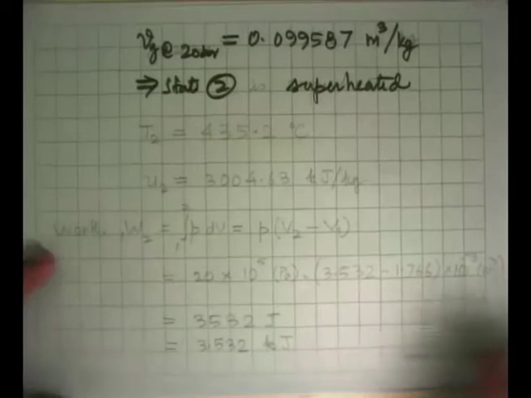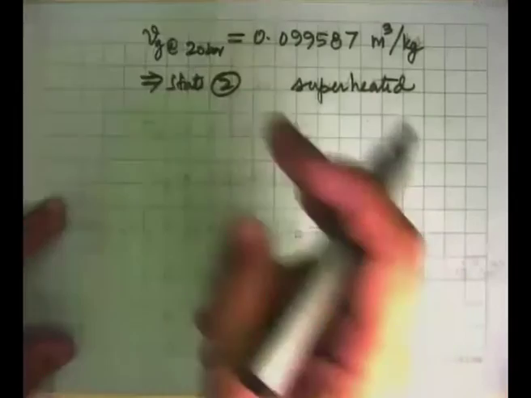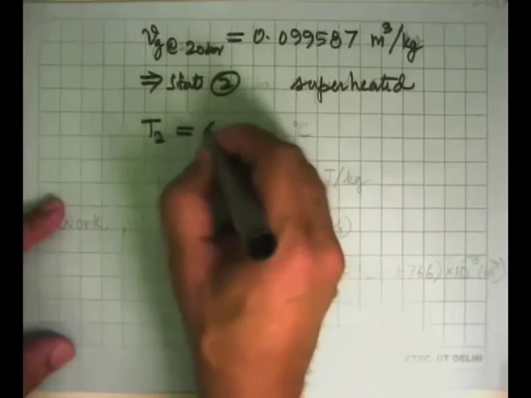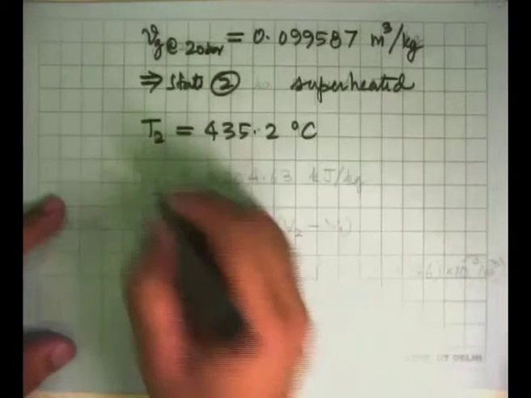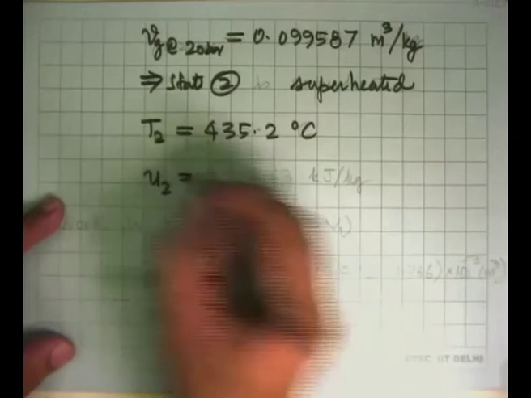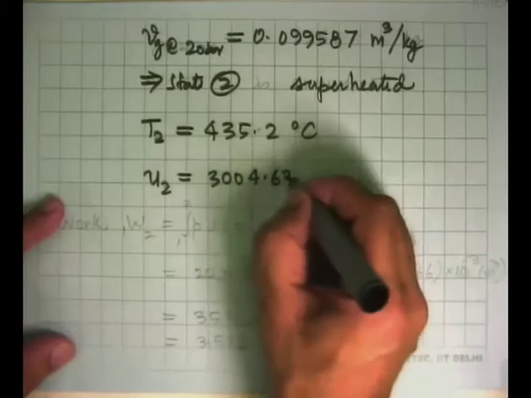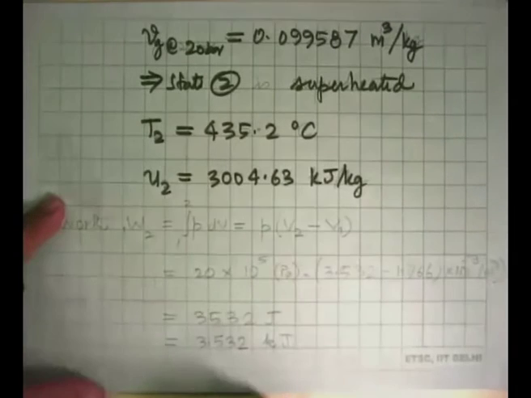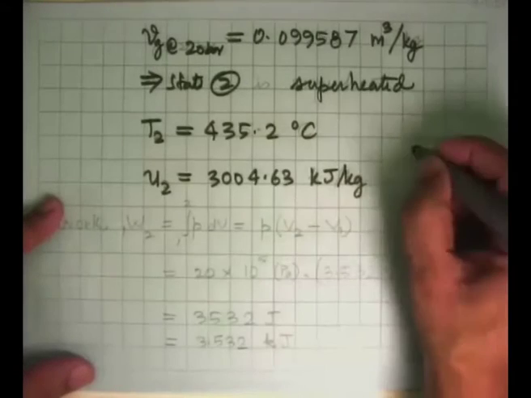So we go to the superheated property tables and find out at 20 bar what is the temperature that gives that specific volume. That T2 comes out to be 435.2 degrees Celsius, and from there you can also get U2 as 3004.63 kilojoules per kg. In many property tables, U2 is not given, but H will always be given.